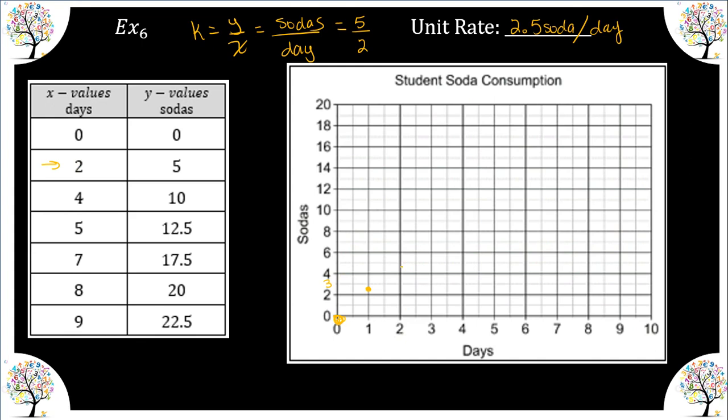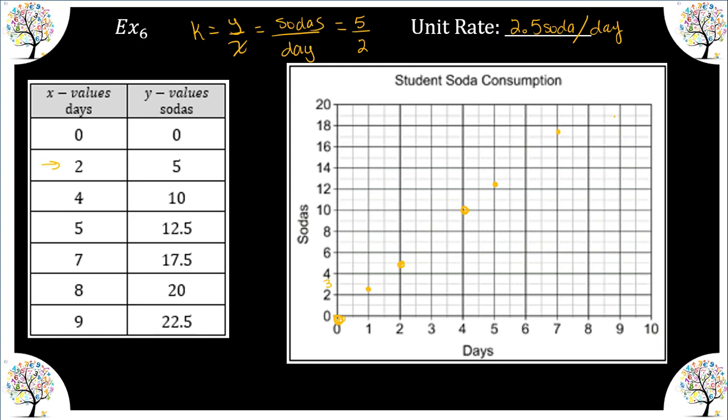So 2, 5, and then I have 4, 10. I have 5, 12 and a half, 7, 17 and a half, and I can see that I'm graphing correctly because it's creating that straight line.